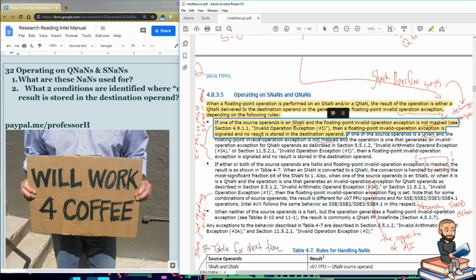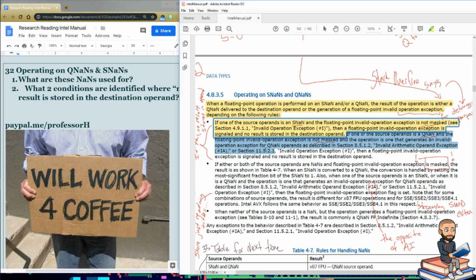So there's your answer. Now, if one of the source operands is a QNaN and the floating point invalid operation exception is not masked, and here's a third part, the operation is one that generates an invalid operation exception for QNaN operands. To learn more about this generating of an exception, we would want to read section 8.5.1.2, titled Invalid Arithmetic Operand Exceptions, #IA, invalid arithmetic, I assume.